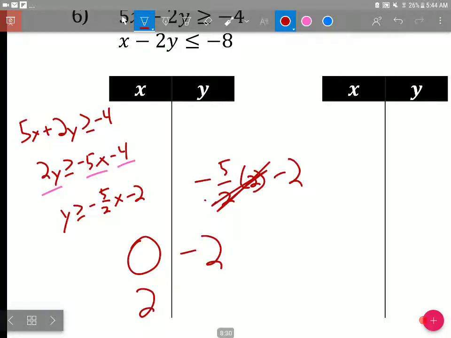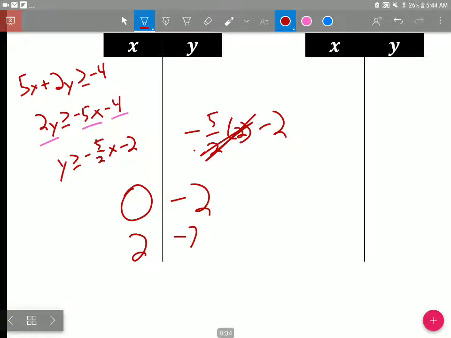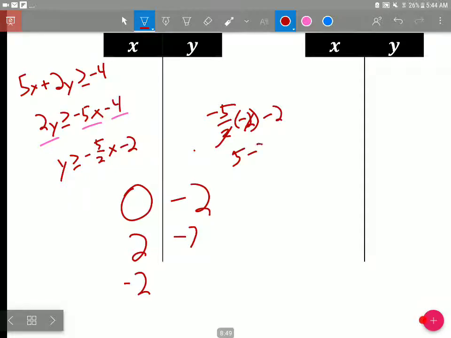So that's negative 5 minus 2 is negative 7. Okay, one more. Let's do the negative 2 instead, because that's negative 5 halves times negative 2 minus 2. That cancels out the 2 but leaves a negative, which turns into a positive 5 minus 2, which is 3. Okay.